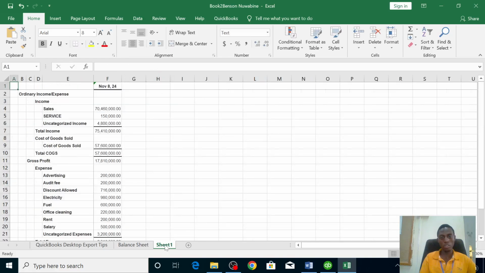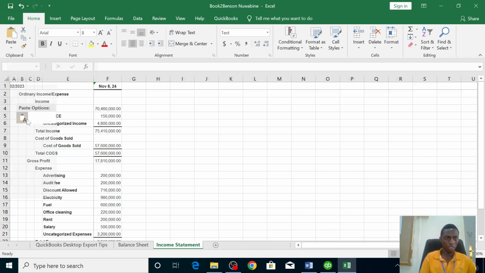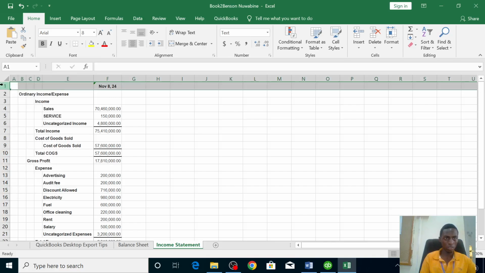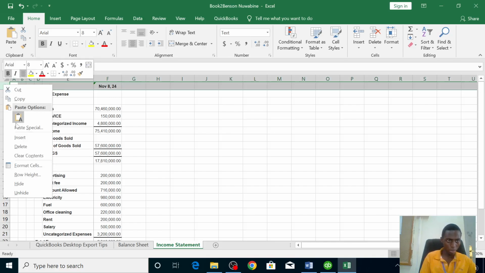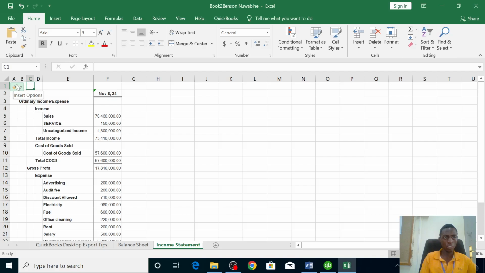Then my page 1 as my income statement. I can give it a title too. And insert a row right here above. Merge and center this.